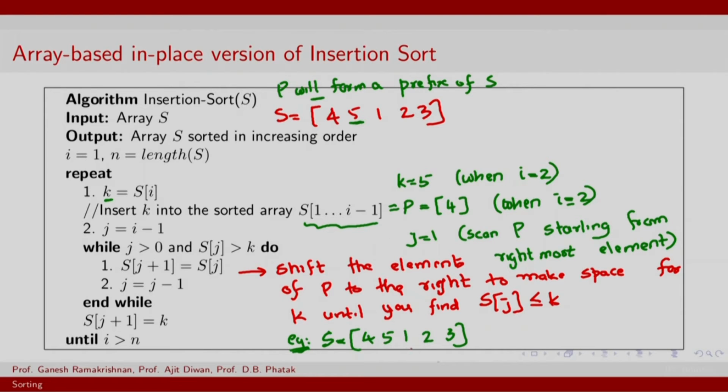But for the next iteration you will shift your focus, the I to be 1. Now when you again try and insert I into the prefix P preceding I, you find that I is less than 5, I is less than 4. So you will have to accommodate this I by right shifting the prefix members of S. So this will need the following transformation.